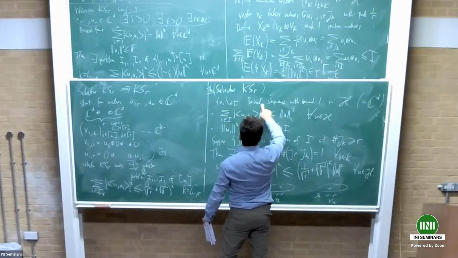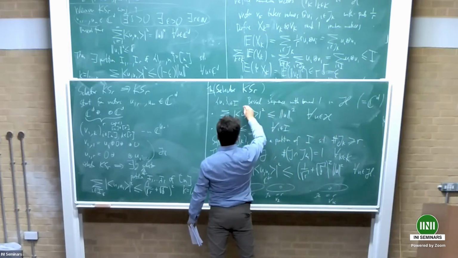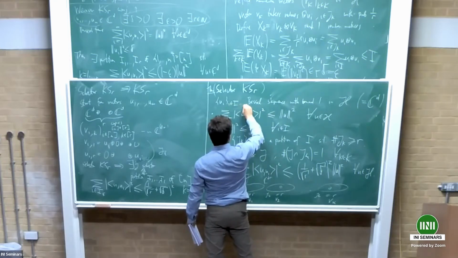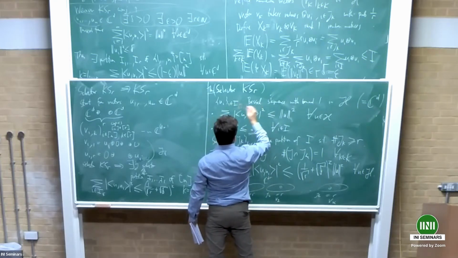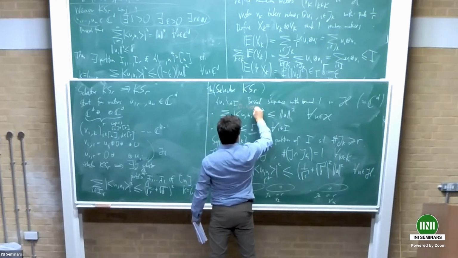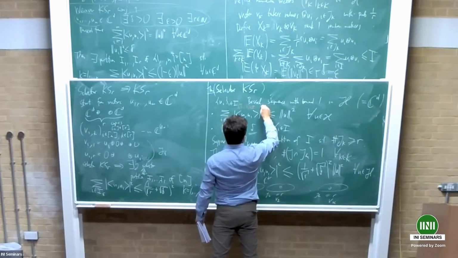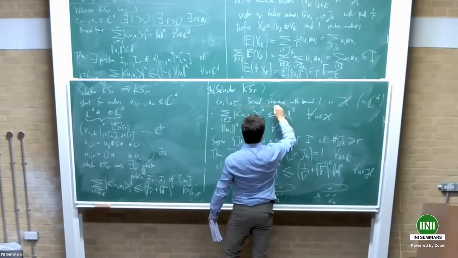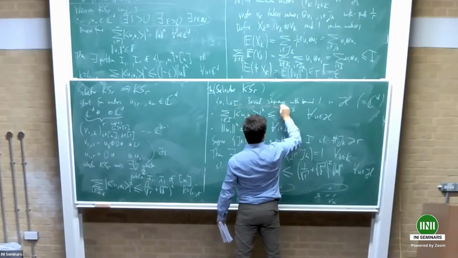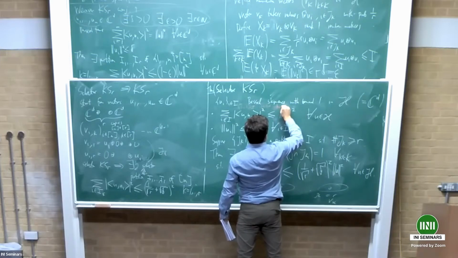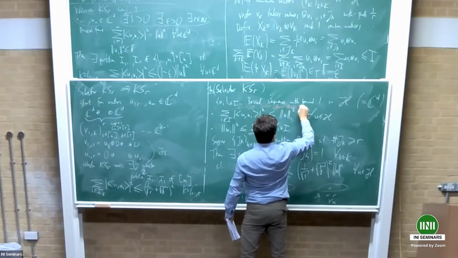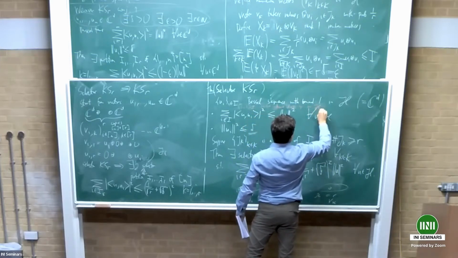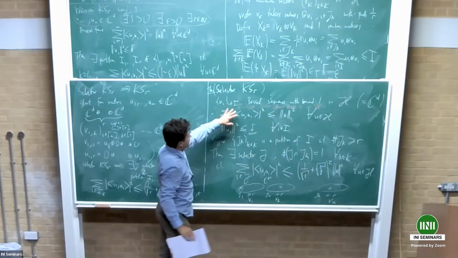Instead of this Bessel sequence of bound one, you can have T_i, positive semi-definite operators, trace class operators on H. I'll tell you how far you can push this result.